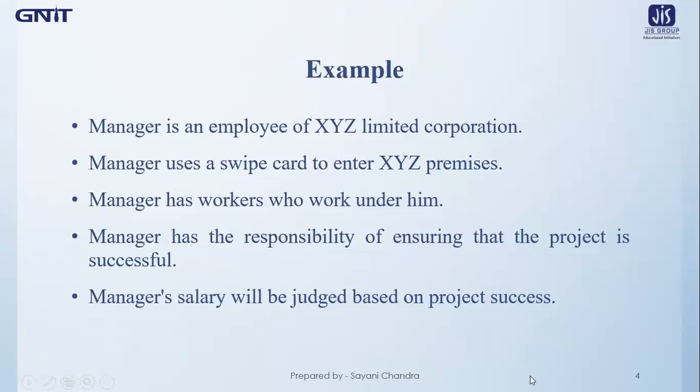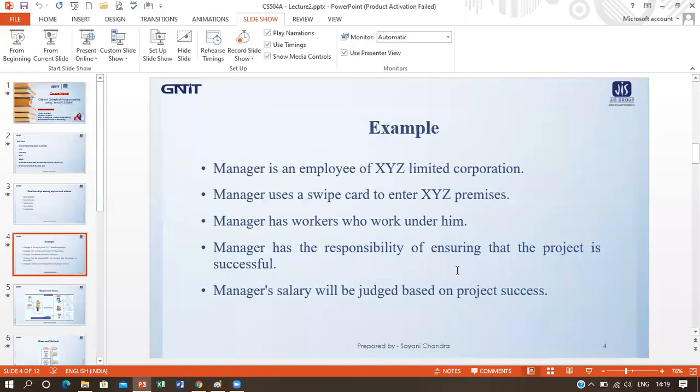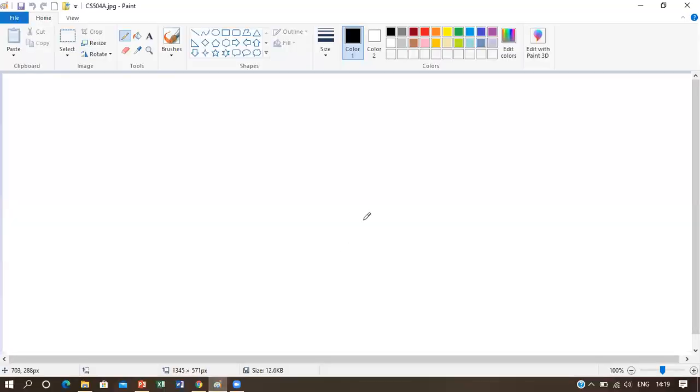So let's look at it. Here we have two classes actually, the employee class and the manager class. Now we can say that manager is a special type of employee.